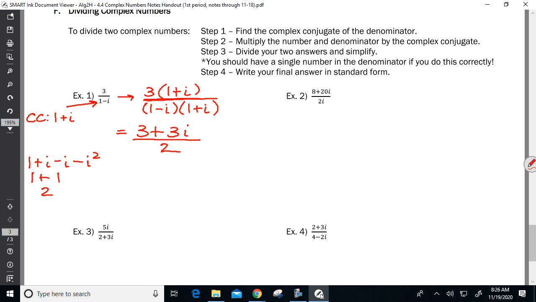After that, you just divide. Divide the top and the bottom by 2. 3 over 2 plus 3 over 2 i.